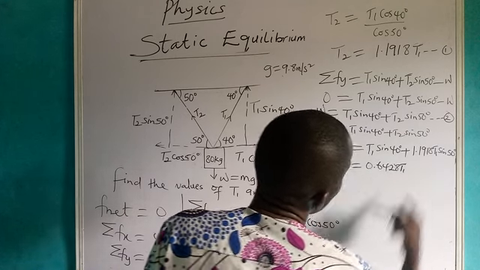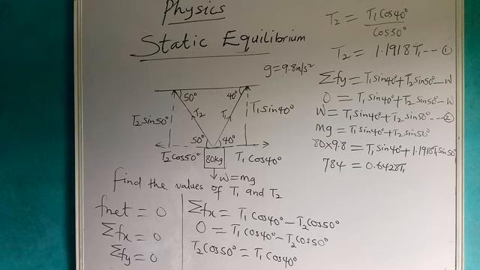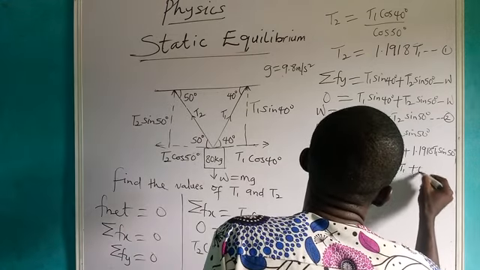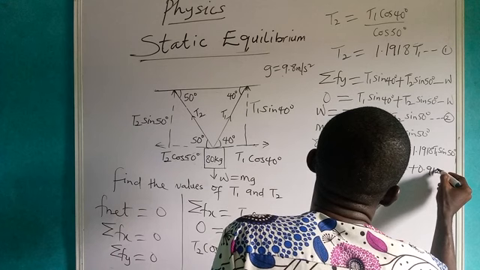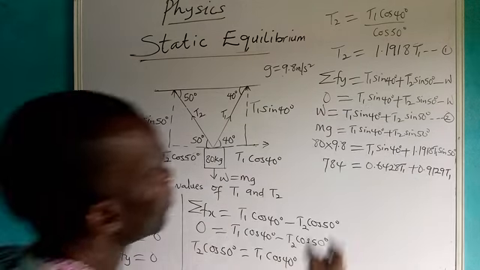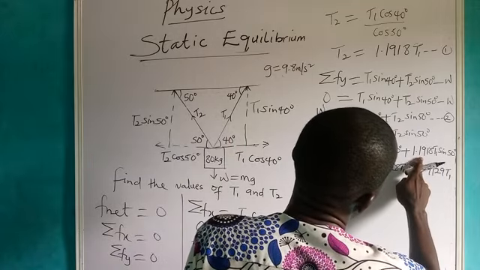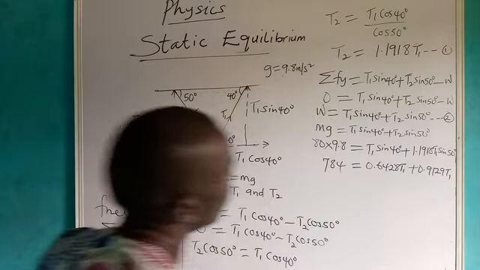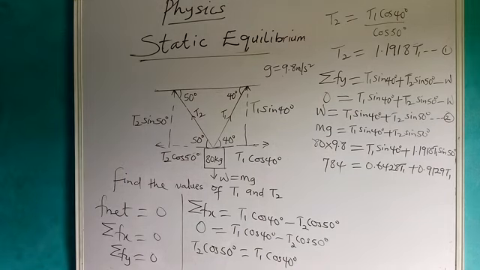When you multiply 1.1918 times sine 50 degree, we have 0.9129 T1. Okay, that's what we have there. I just go direct with sine 50 degree multiplied by 1.1918.